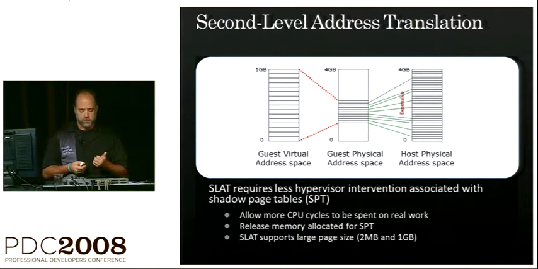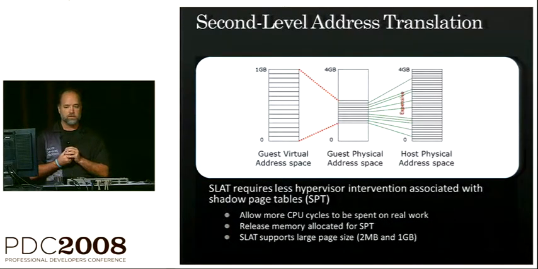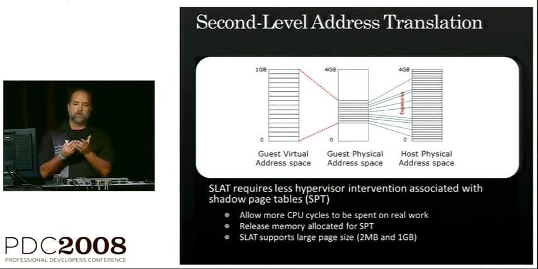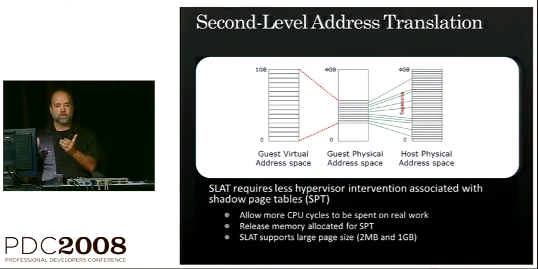Second level address translation helps with this problem by having the hardware understand this extra level of translation. Rather than chewing up a lot of memory with a second set of page tables, we can directly have hardware have the mapping from guest physical addresses to host physical addresses.